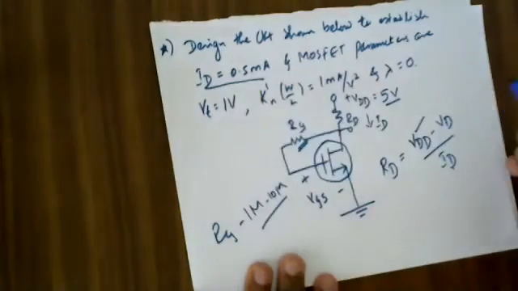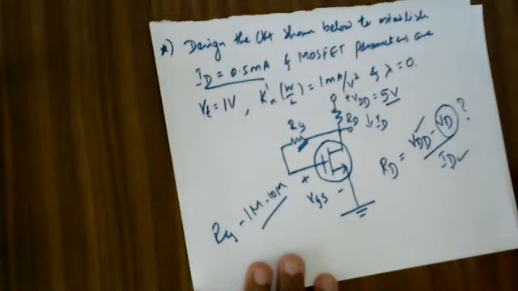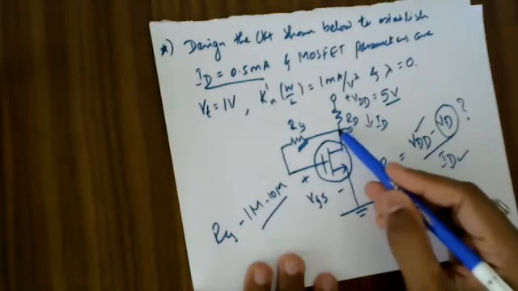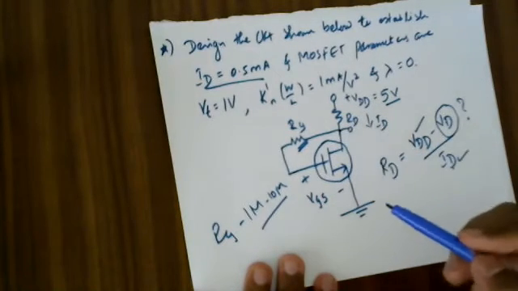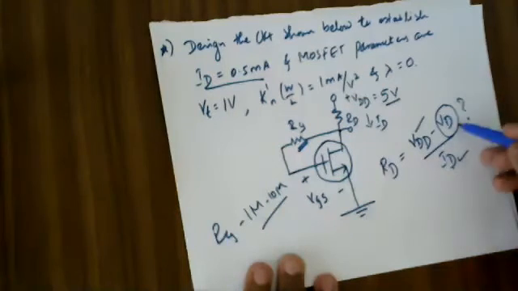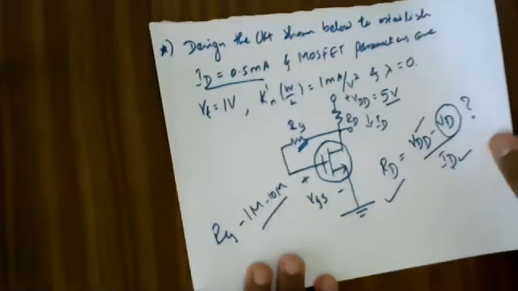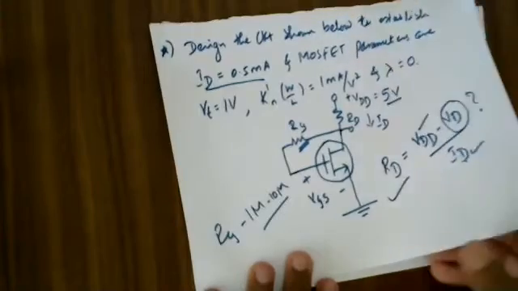ID he has given, so ID is known to you. Is VD known to you? Is this voltage known to you? No. This potential is not known to you. Then first I have to find this potential VD. If I am able to find out the potential VD, then I can compute the value of RD. That's all. This is the gist of this numerical.